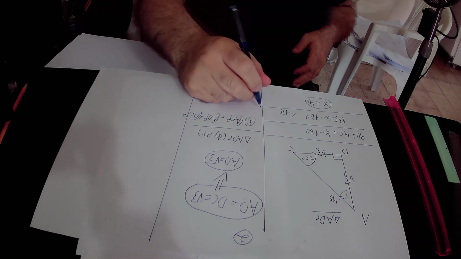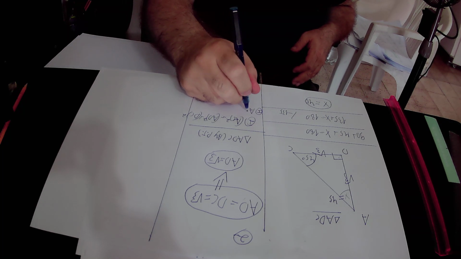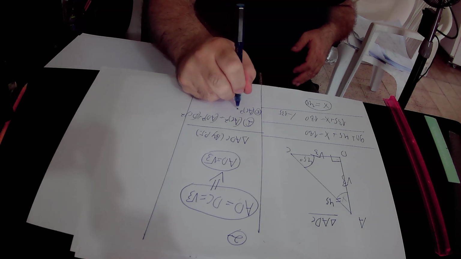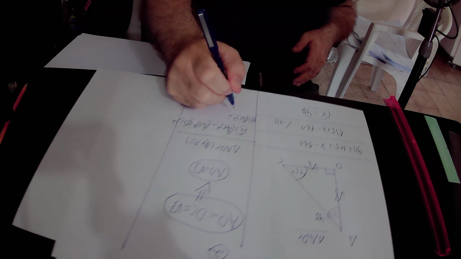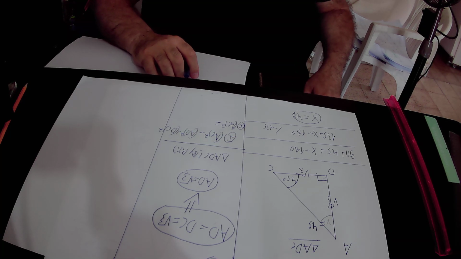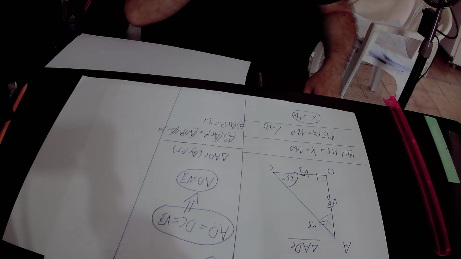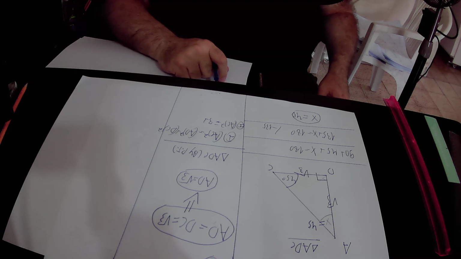So according to equation number 1, AC squared equals AD squared plus DC squared. AD equals square root of 3 units, therefore AD squared is square root of 3 squared, that is 3. DC equals square root of 3, therefore DC squared is also 3.